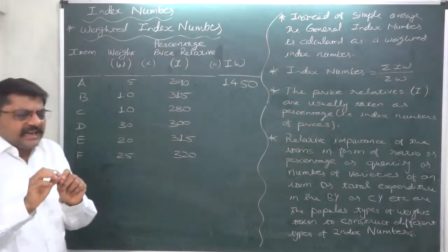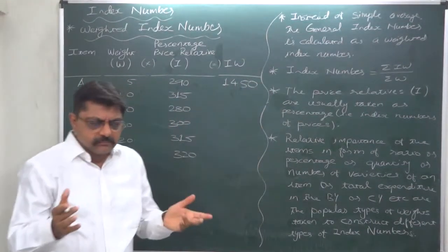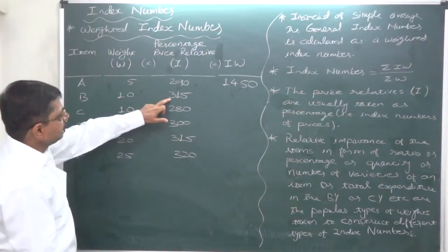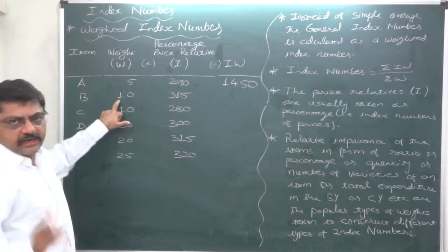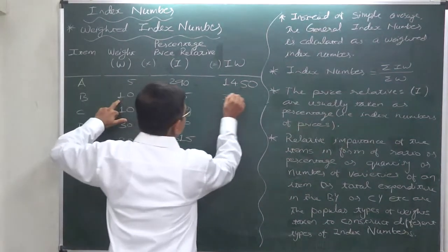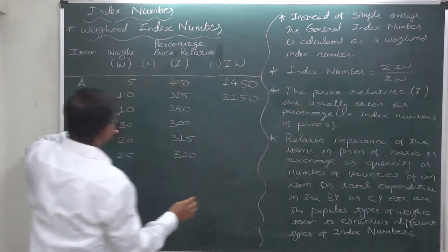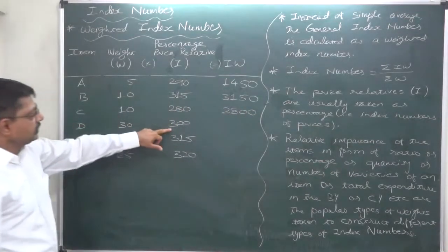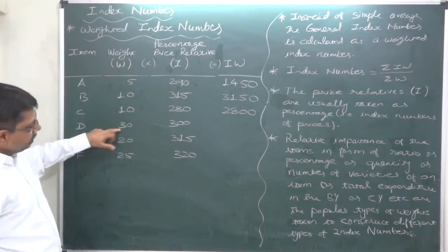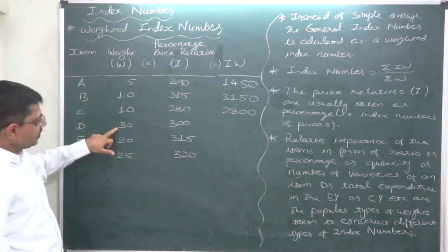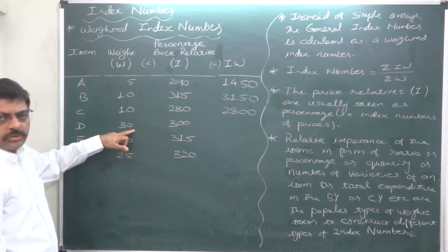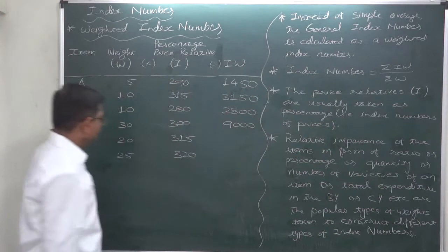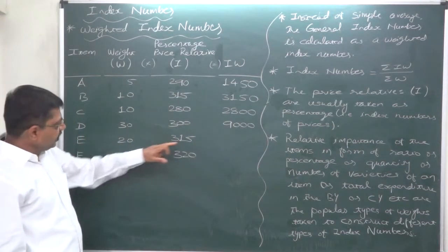These are my tiny tips to make the calculations easier without using a calculator. 315 into 10 means just add a 0, 3150. Similarly here also 2800. Now 300 into 30. First of all 300 into 3, that will be 900, and then into 10, that is 9000. 315 into 20.